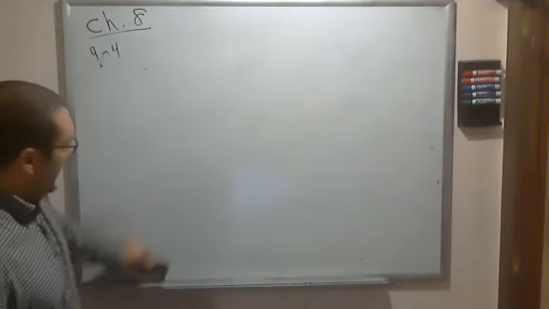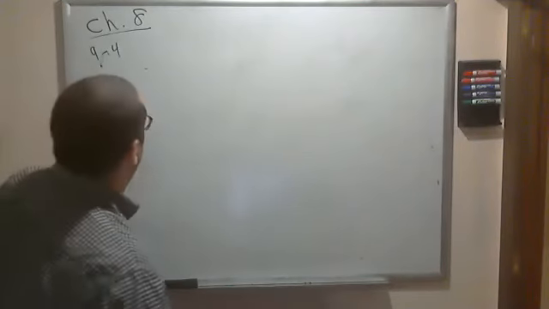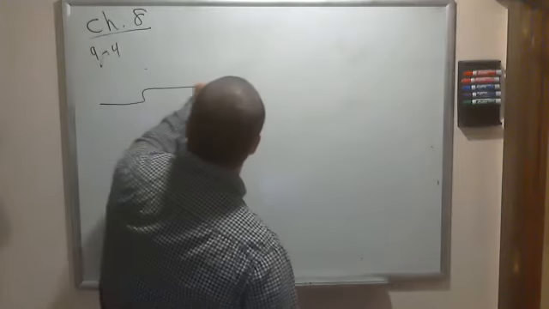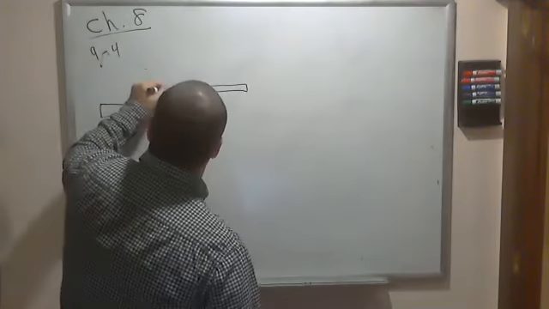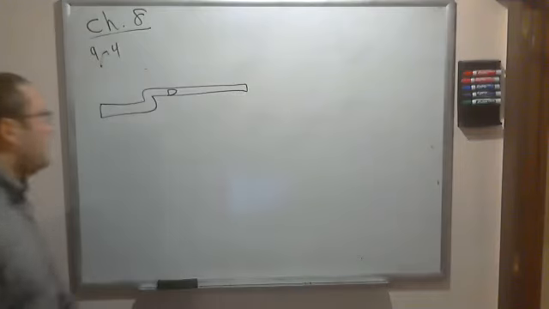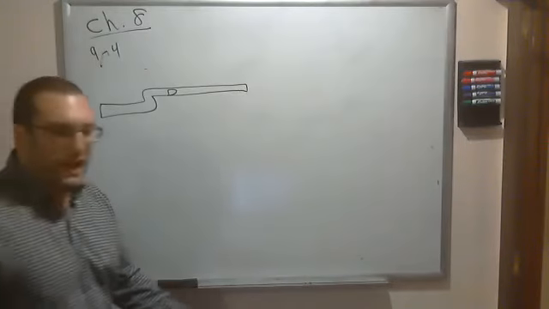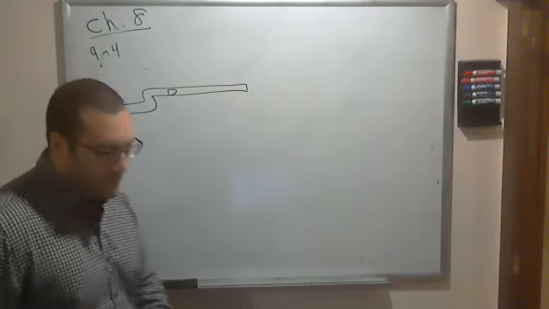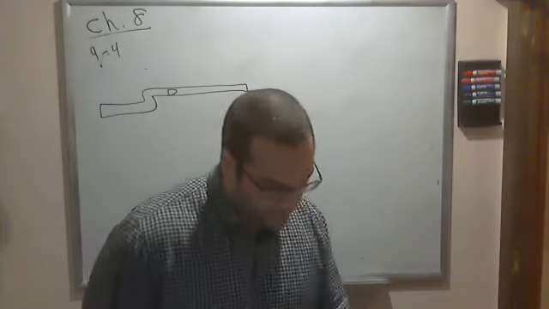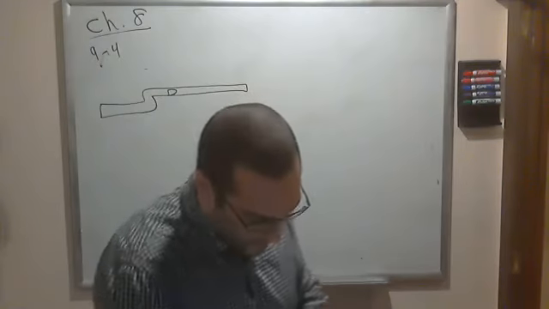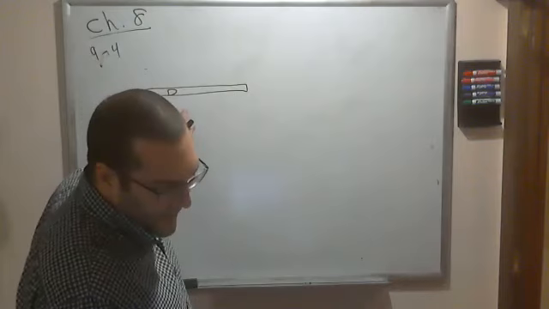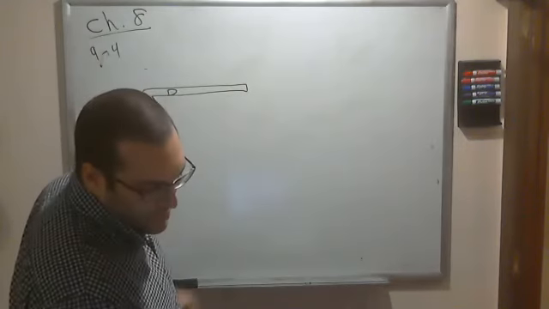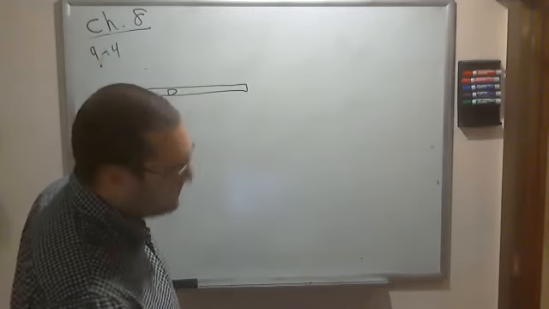So let's look at the system, right? We have this gun, and we have the bullet sitting over here. Initially, the velocities are 0. This is one system, and the problem asks us to calculate the recoil velocity.